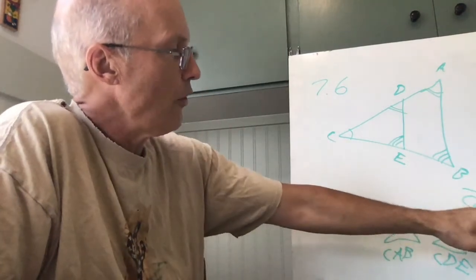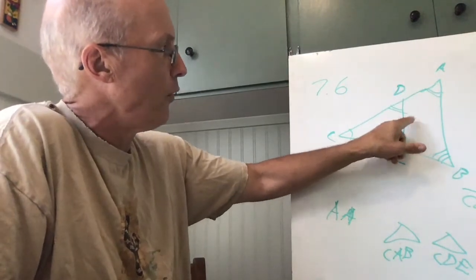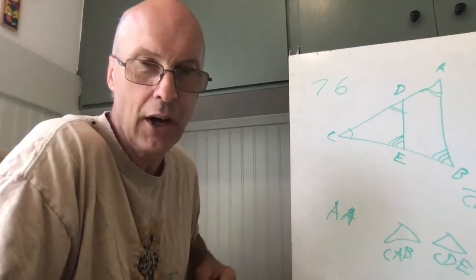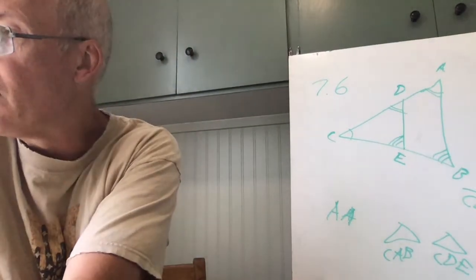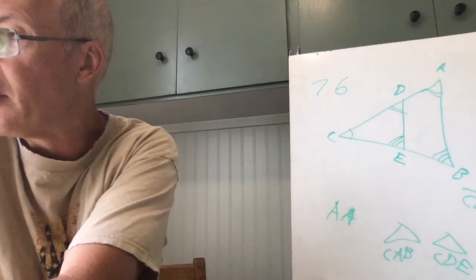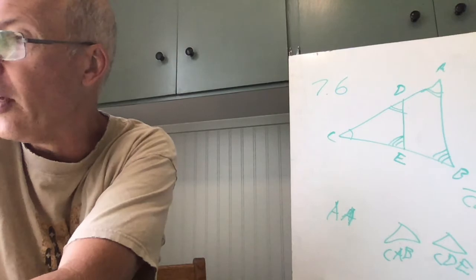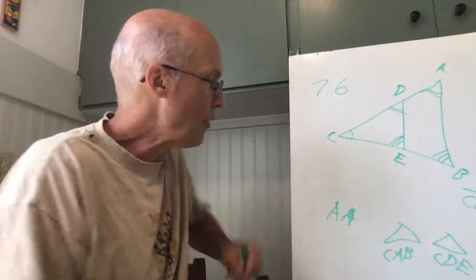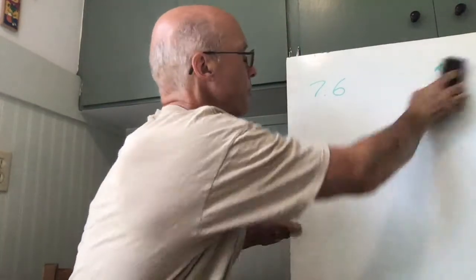Well, if you know that they're proportional sides, you can turn that on its head and say, therefore, we know that these two lines are parallel. So it's just a converse. 7.6: if a line intersects two sides of a triangle and separates the sides into proportional corresponding segments, then the line is parallel to the third side of the triangle. I think that part we can handle.